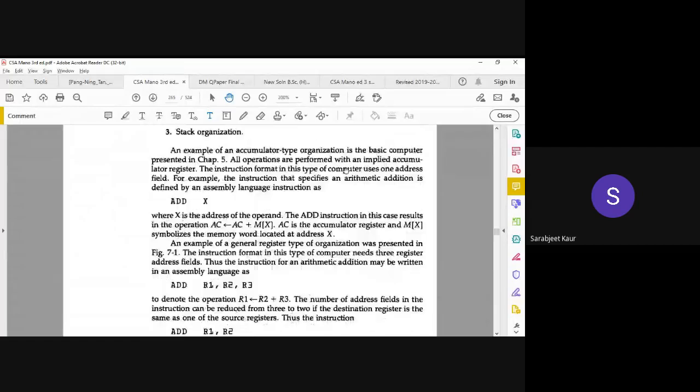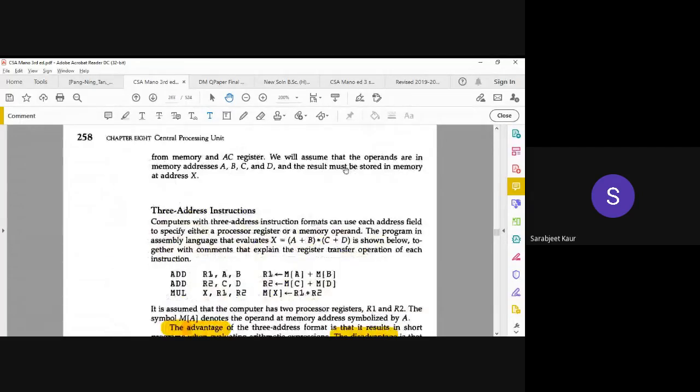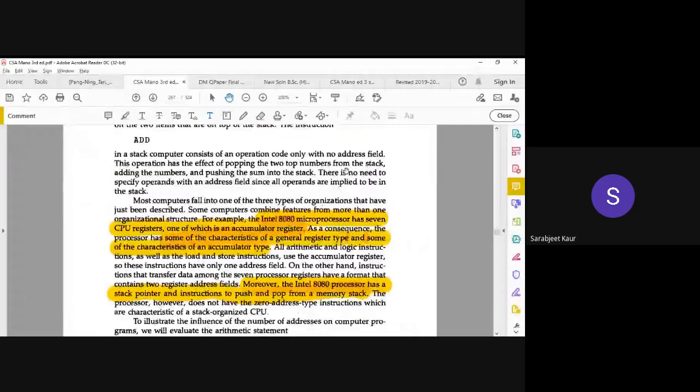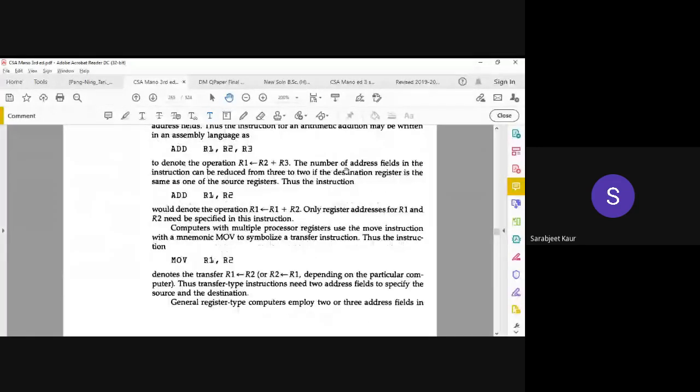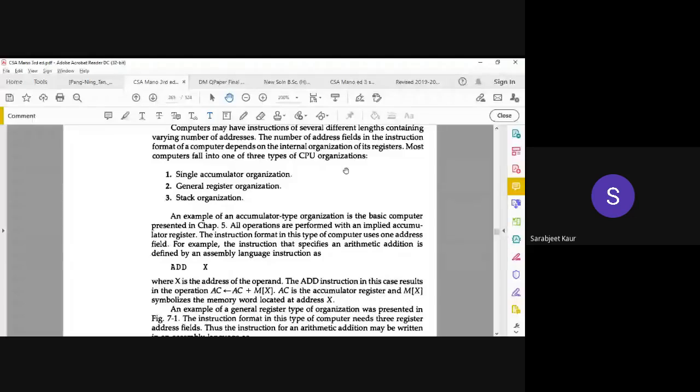For example, if you remember, we have talked about instructions such as CLA, CLE, CMA. All these largely rely on a single accumulator register to carry out the arithmetic as well as the logical operations.